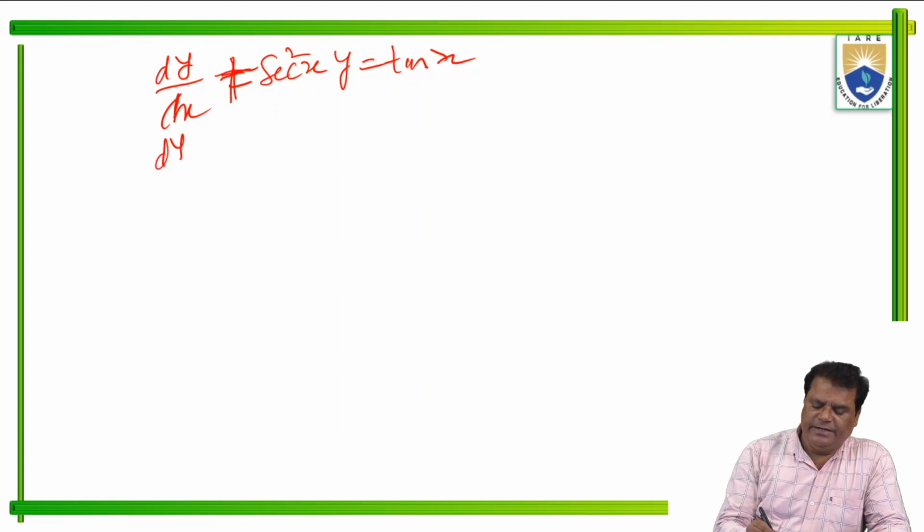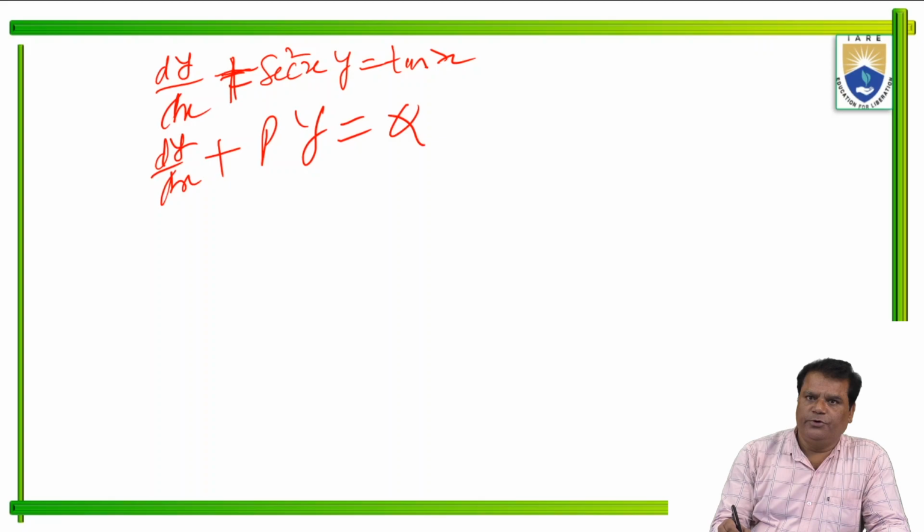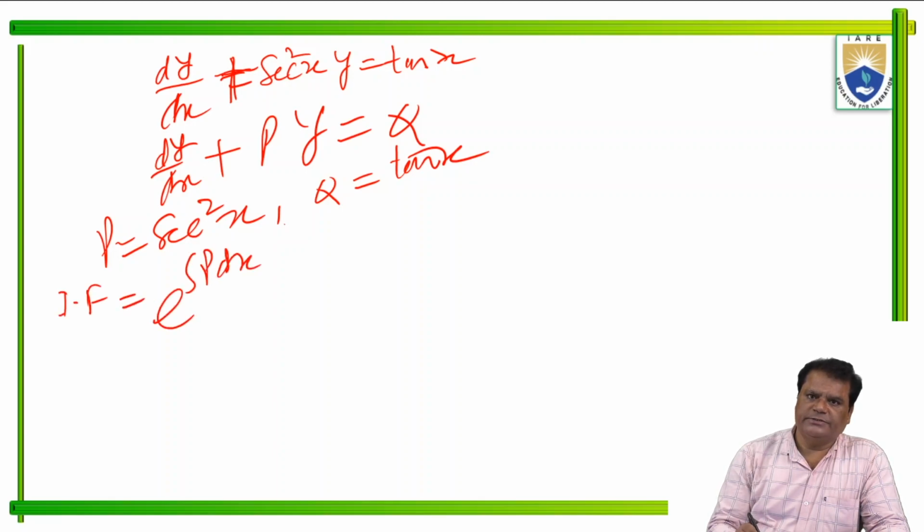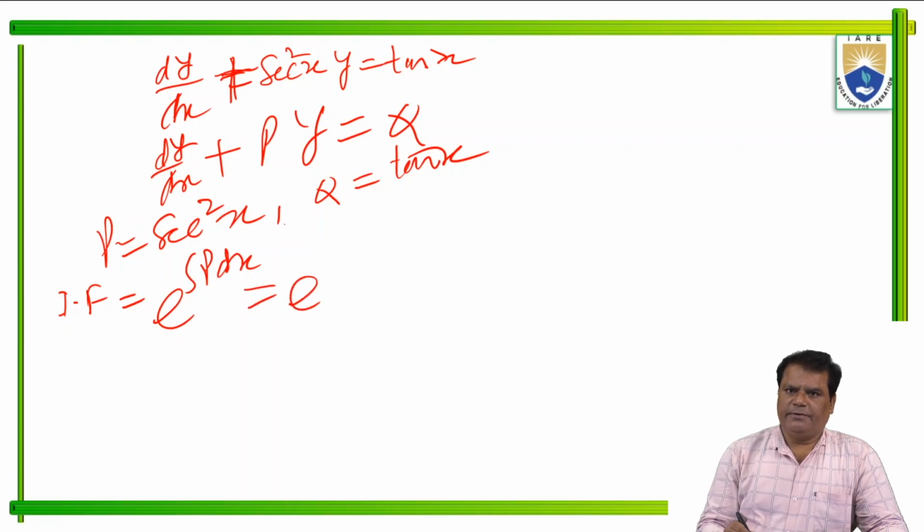Comparing this with dy/dx plus Py is equal to Q, now P is sec square x and Q is tan x. So now the IF, the integrating factor, is e to the power integral P dx, where P is sec square x dx.